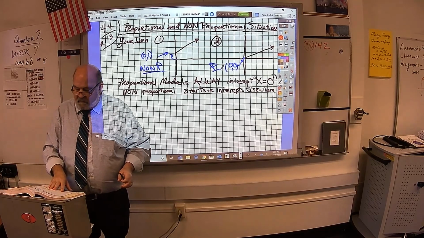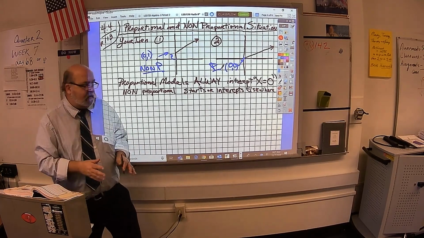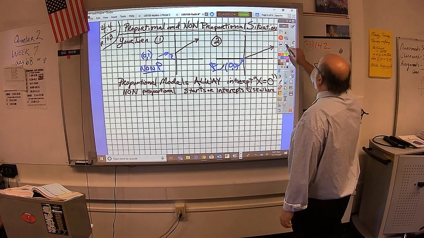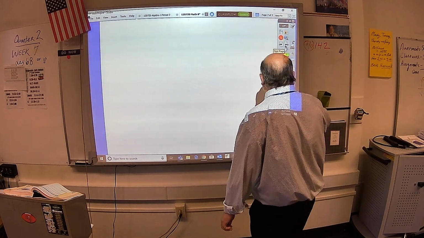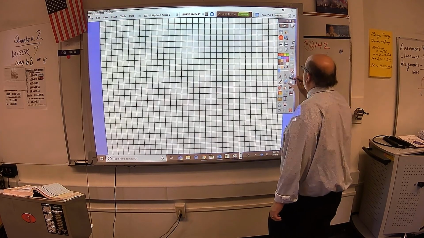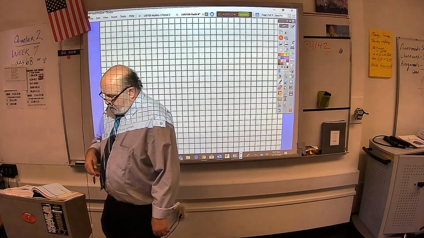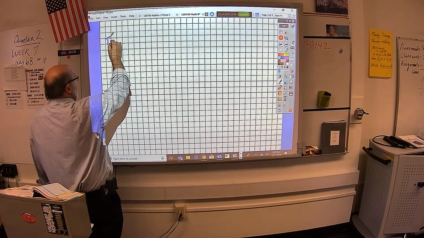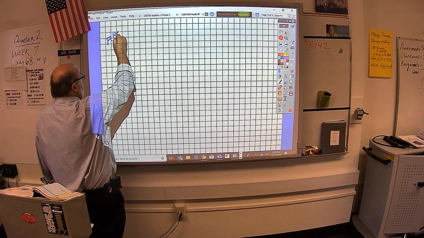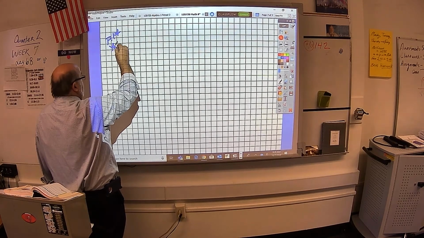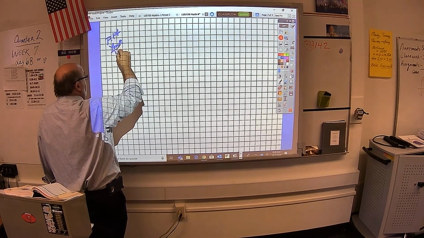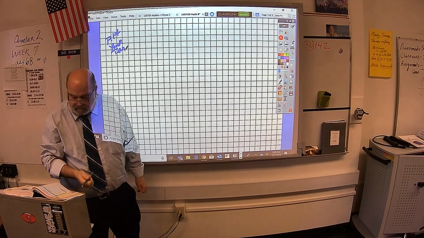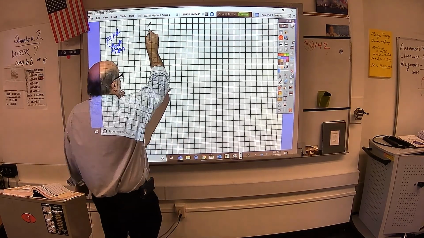Now, if I'm looking at an equation and trying to determine that, we're on page 114. I'm still looking at your turn at the bottom. The first one says d equals 65t.